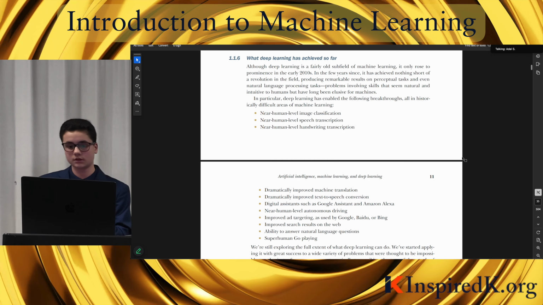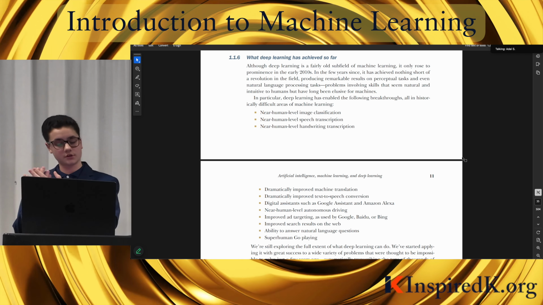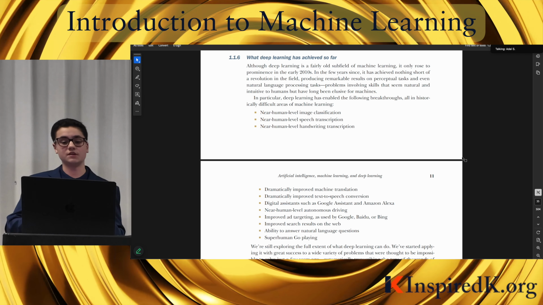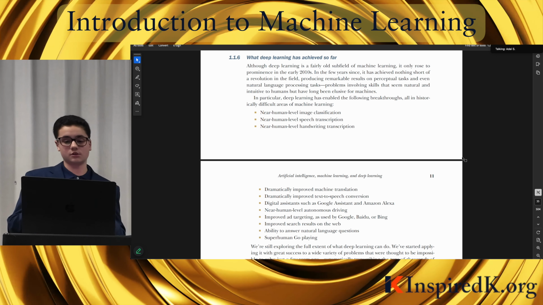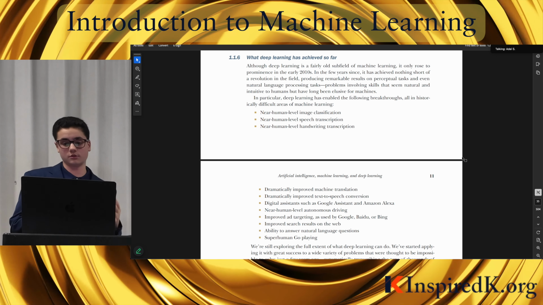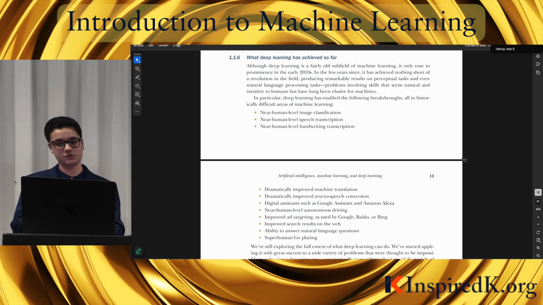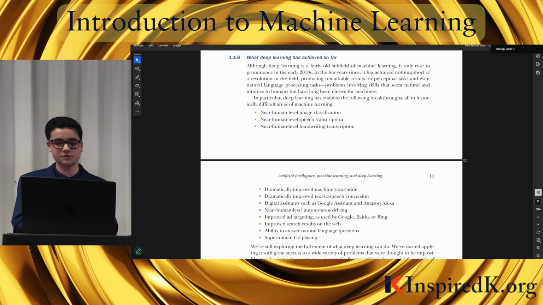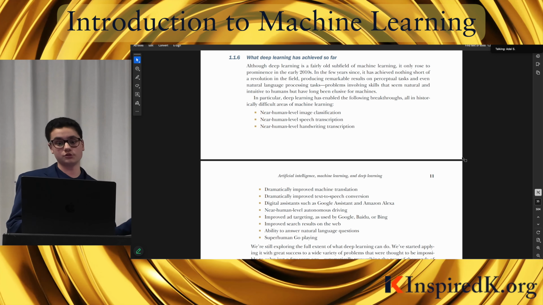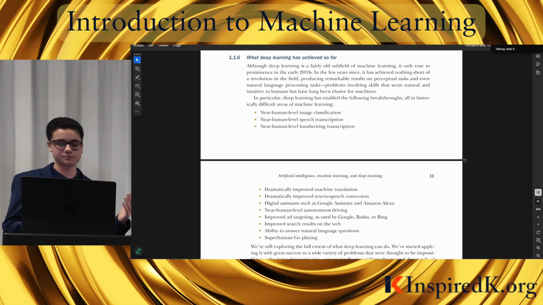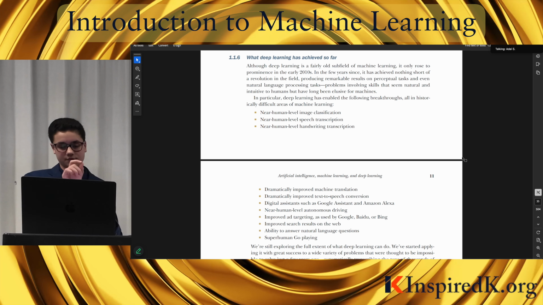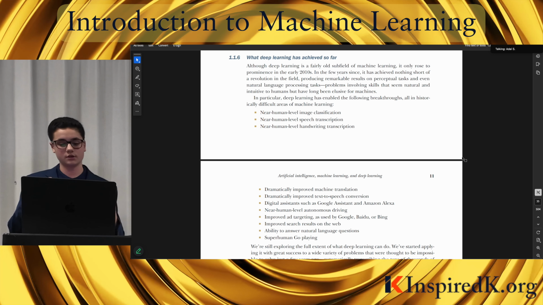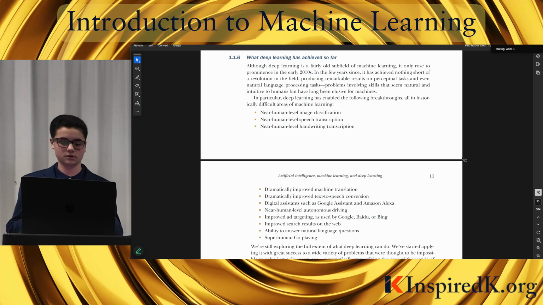So deep learning seems to be a very important technology. In fact, it has achieved many different accomplishments so far. These include extremely accurate image classification, which we will be doing later in several different labs with our convolutional neural network architectures, and handwriting transcription, which we will be doing in one of those labs to classify handwritten digits from 1 up to 9 and 0.